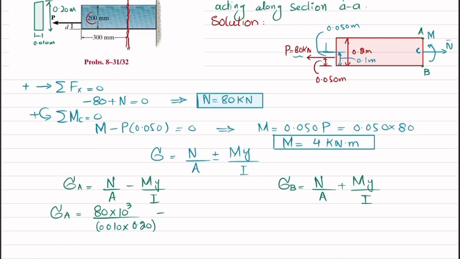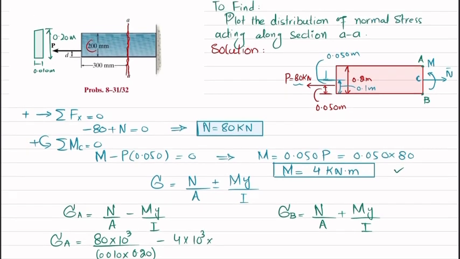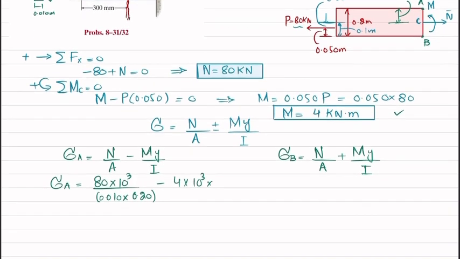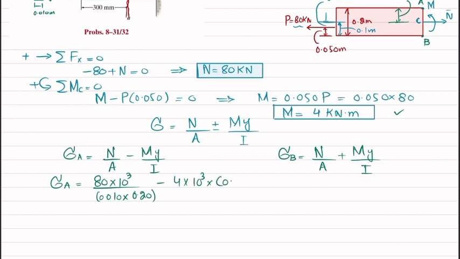Minus moment, which is 4 kilonewton-meter, so 4 into 10 raised to power 3 multiplied by y. Y is the distance from the neutral axis to the topmost point, that is 0.1 meter. So we'll put 0.1 divided by I. I is 1 over 12 BH cube, so B is 0.010, clear?